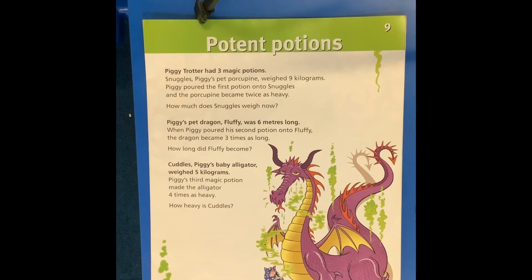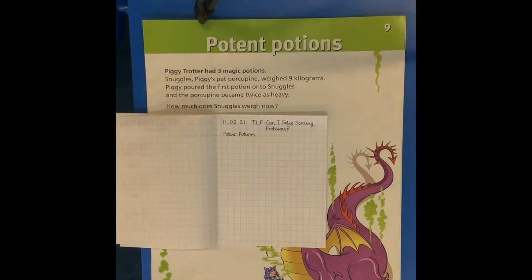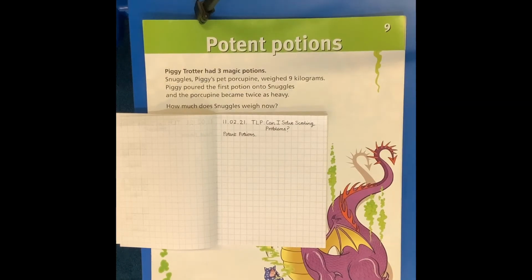So please don't copy these 3 examples down, just listen, make sure you understand, and then we'll go on to your own set of problems to solve. So today's learning point is, can I solve scaling problems? And the title of this piece of work is called Potent Potions. A potion is a liquid that's usually used as a medicine, and potent means powerful.